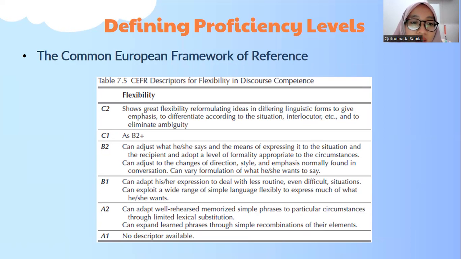The CEFR defines competences for basic users of language, independent users, and proficient users, splitting each of these 3 categories into 2 subcategories. It specifies competences for listening, speaking, reading, and writing. Table 7.5 gives you a CEFR descriptor for flexibility and discourse competence.